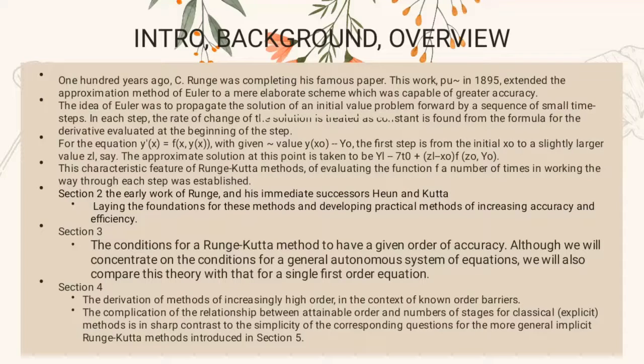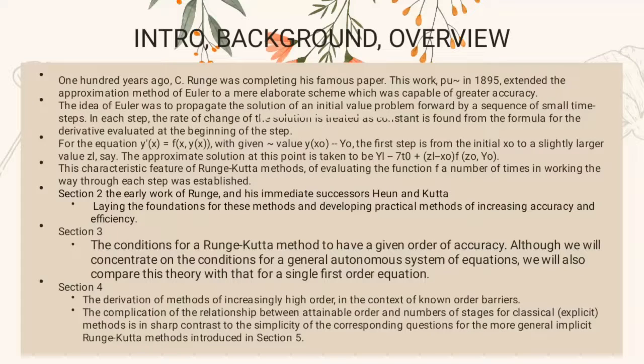In each step, the rate of change of the solution is treated as constant and is found in the formula for the derivative evaluated at the beginning of the step. The first step starts from the initial value y0 at x0.